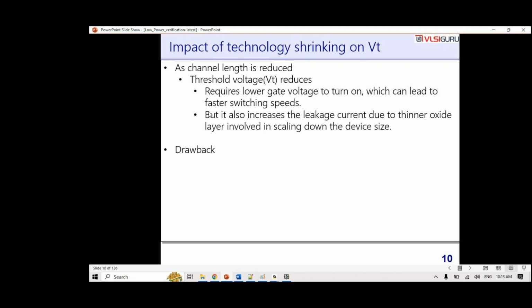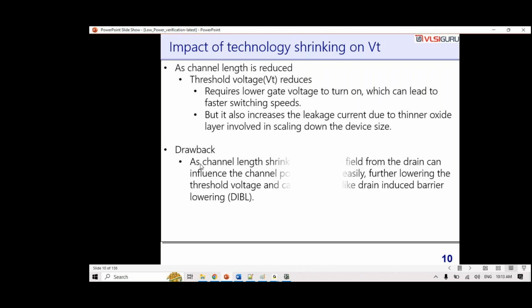What is the drawback? It's the same thing I have written here: as channel length shrinks, the electric field from the drain can influence. Whatever electric field from the drain, the drain also has a voltage, right? That can also lead to some kind of channel formation. Not only the gate can influence the channel potential.